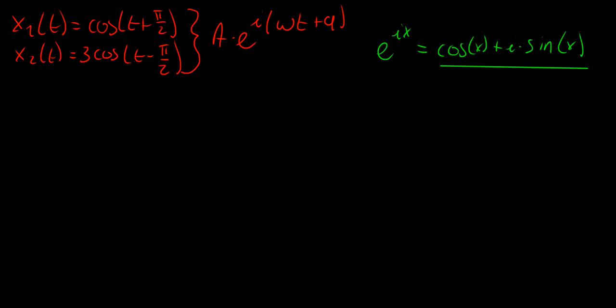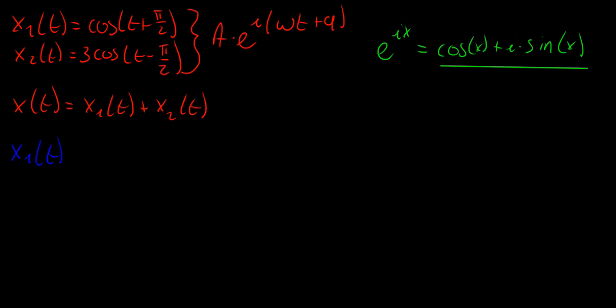And with that, it's actually easier to compute the following. If I want to have one signal x1 plus x2, it is easily done with this formula, assuming we are just looking at the real part because we have cosines. How are we going to do that? Well, first we're going to rewrite both into a complex exponential.